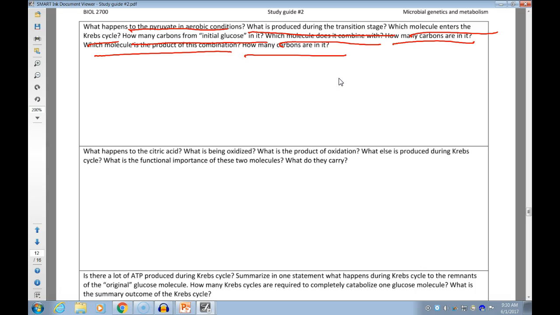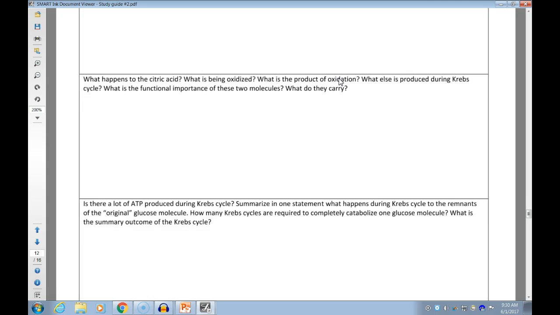Okay? Citric acid oxidized to isocitric, then alpha-ketoglutaric oxidized to succinyl-CoA. Product, functional importance.